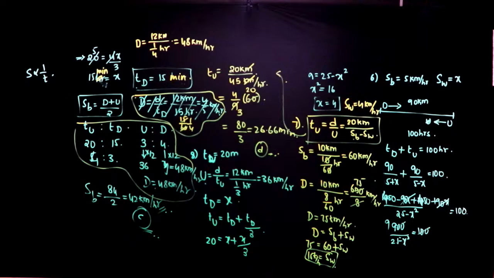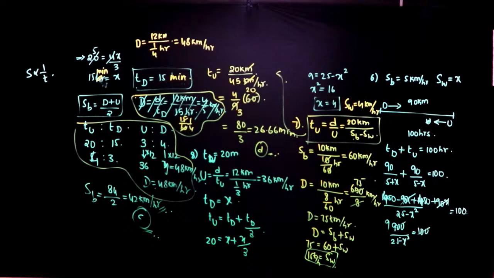What he told in the question, read it carefully. A man takes 20 minutes to row 12 km upstream, which is a third more than the time he takes on his way downstream. It means time taken during upstream is equal to time taken during downstream plus a third of it, TD divided by 3. TU equals TD plus TD by 3.